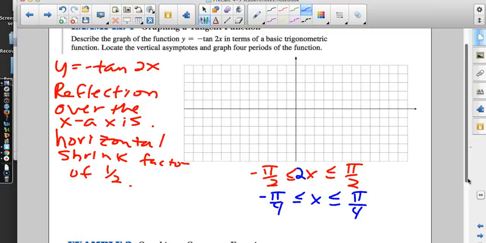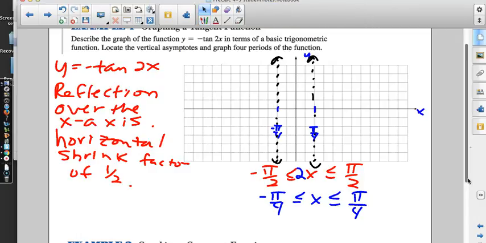So, I'll label that one a negative pi over 4, I'll label this one a positive pi over 4, and I'll think about what's going to happen with my tangent graph. Those are my asymptotes. Halfway between those asymptotes is where my graph has to cross the x-axis.